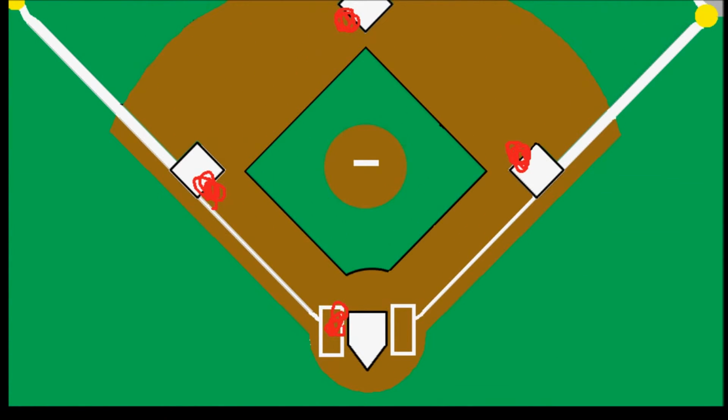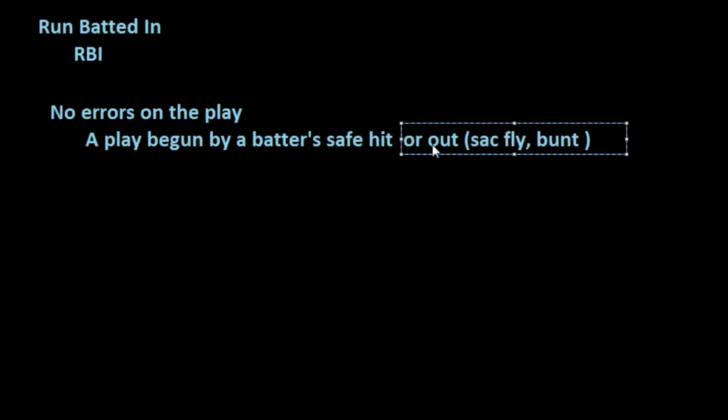So I undid these and the out disappeared. So let's put that back here. Hit or out, so that we can list them: like a sac fly or bunt or even an infield out.